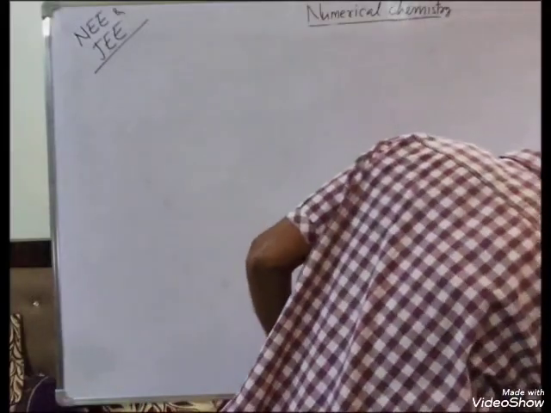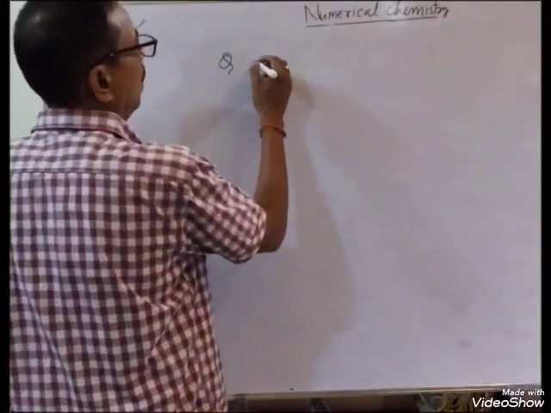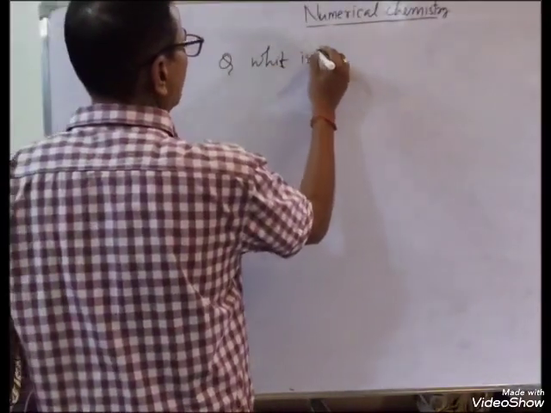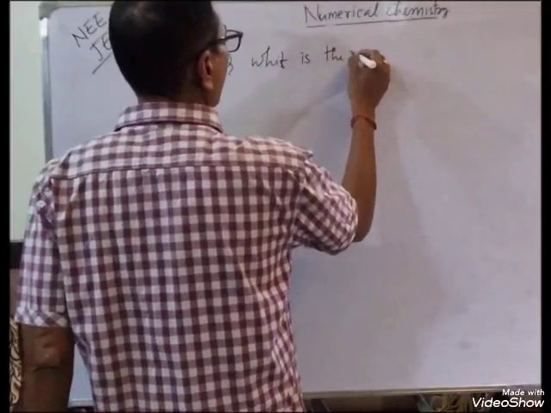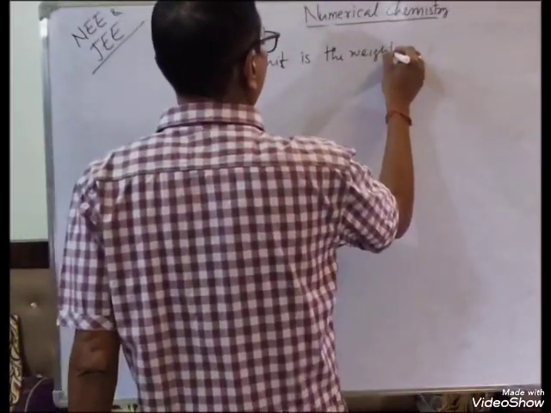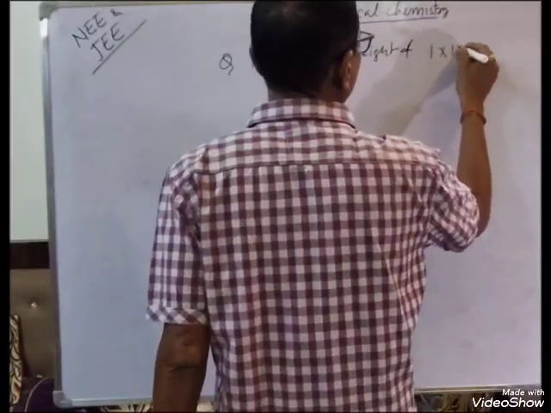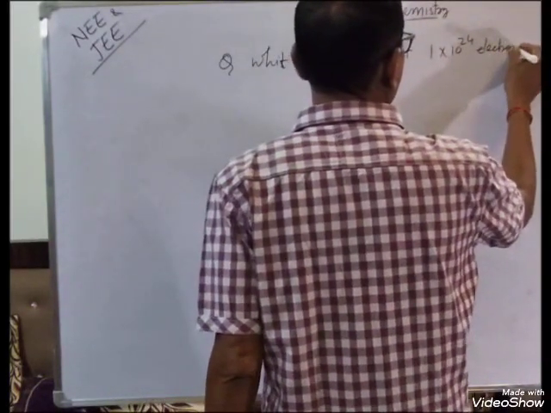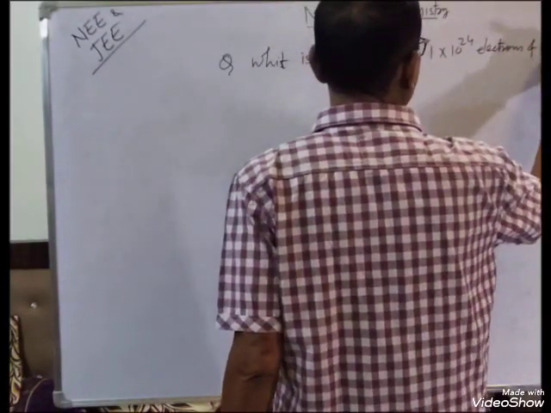So write down one more question. What is the weight of 1 into 10 to the power 24 electrons of CO2?